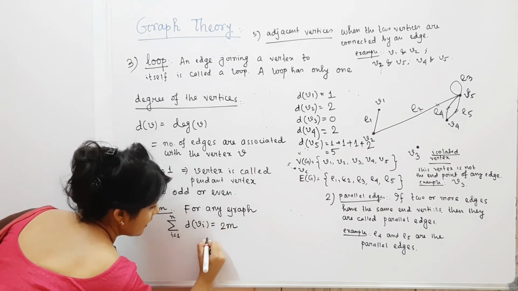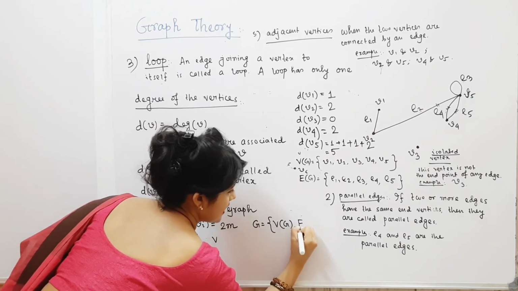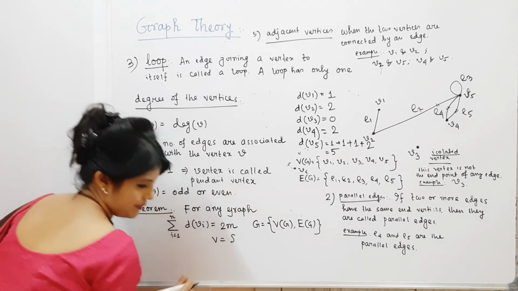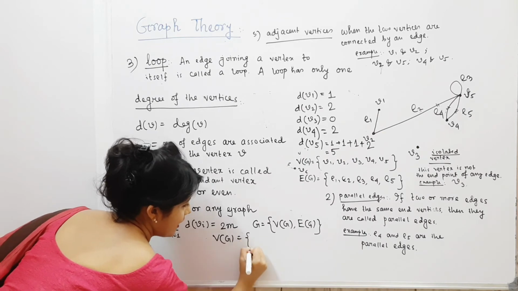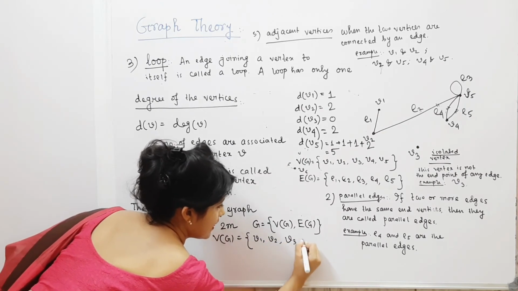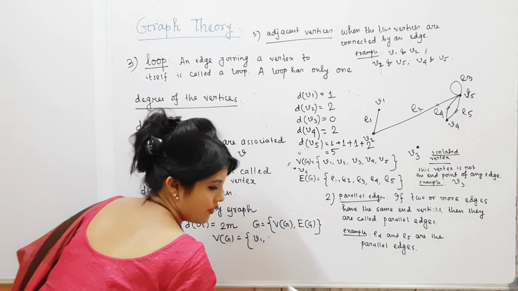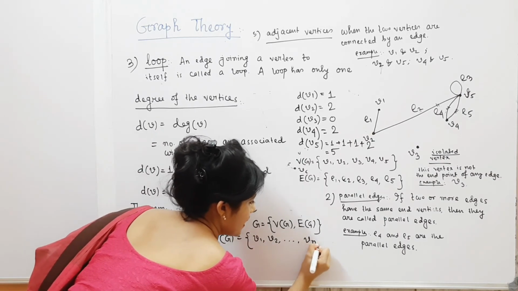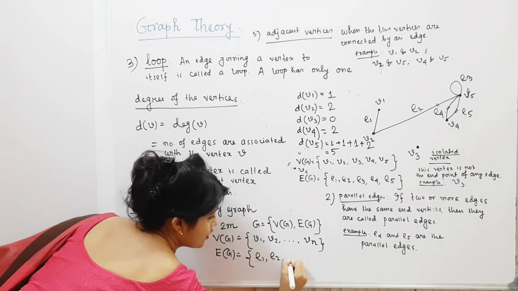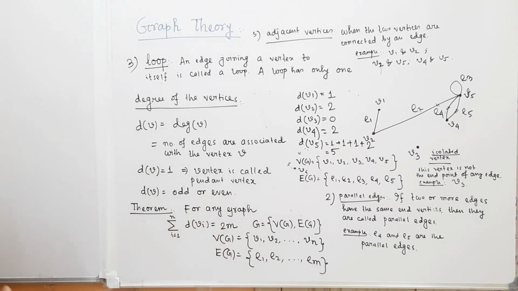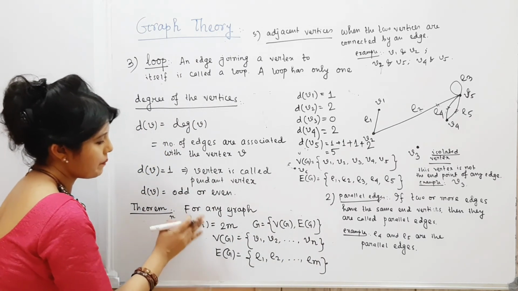I am writing this clearly: if G has the set of vertices VG and edges EG, and VG contains n vertices V1, V2 up to Vn, and the set of edges is E1, E2 up to Em, so m edges and n vertices, then the summation of degree of Vi is equal to 2m.